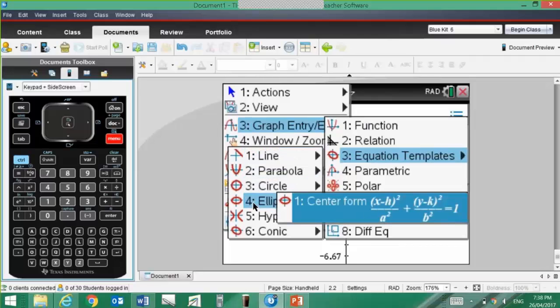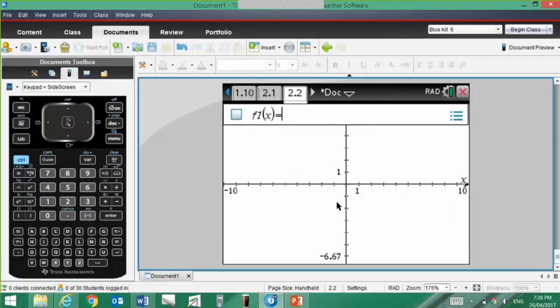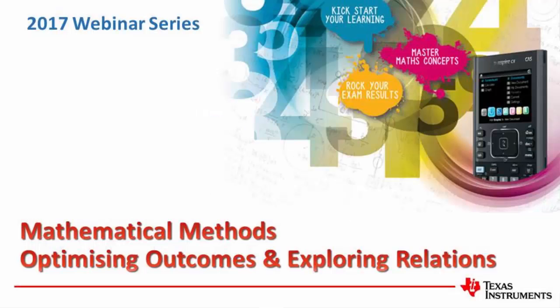The one down here is ellipse or hyperbola. It gives you that standard centre form, and the same sort of thing for the hyperbola. Put in the values to adjust. So I thought I'd just share that one. Yep, that's how I did the ellipse on one of them.